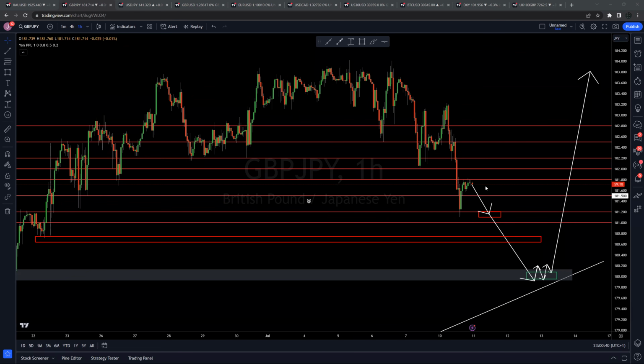Otherwise, for us to be jumping back into the bullish bias, I would want to be canceling out this downside move and trading back above 182 and 182.2, watching price points and reactions around 183.2.